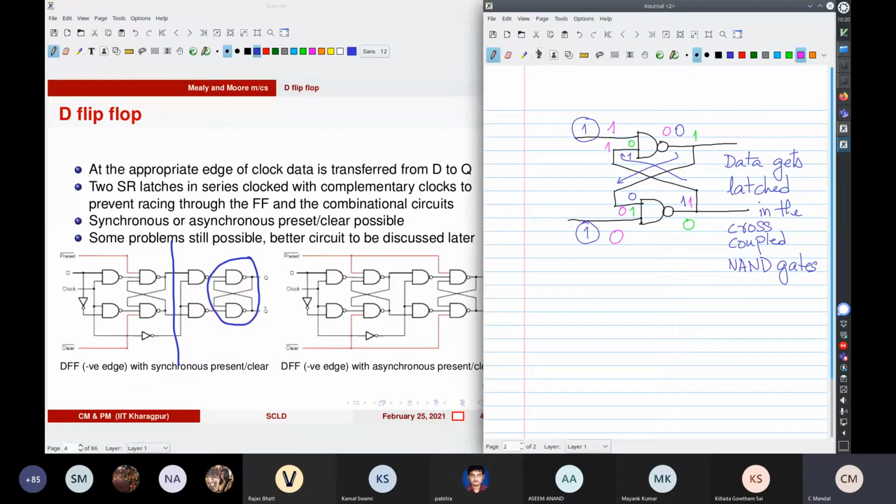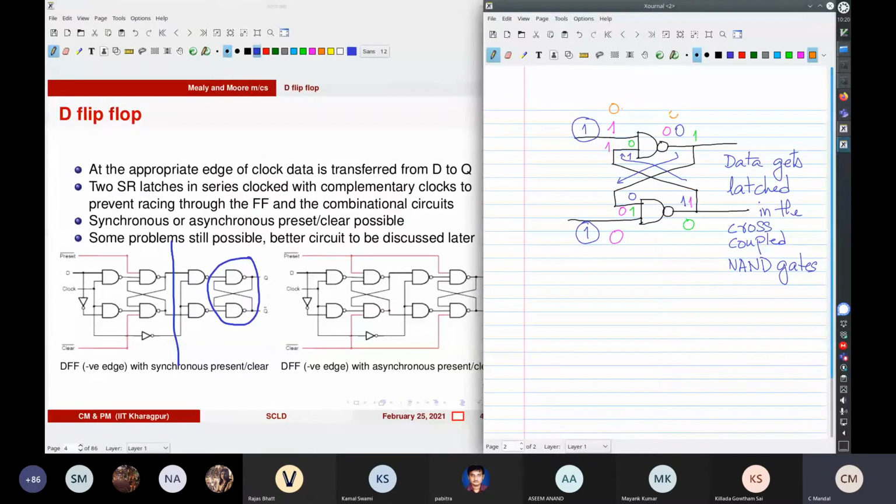Now suppose you have a 1 here, and as before, you apply a 0 here and you have a 0 here as before.